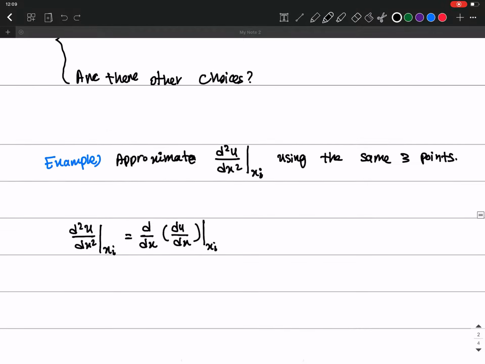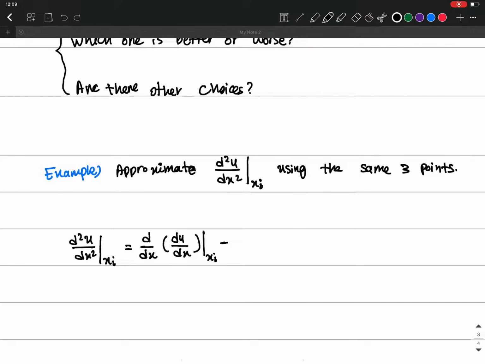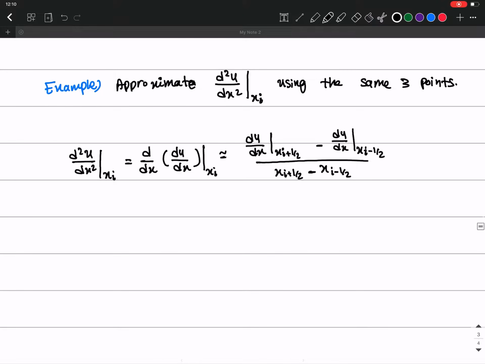So it approximately equals du over dx at xi plus 1/2, and I have a reason for that, you will see how this helps us get the derivatives at xi using those 3 points, minus du over dx at xi minus 1/2, over xi plus 1/2 minus xi minus 1/2. So this is the first approximation.